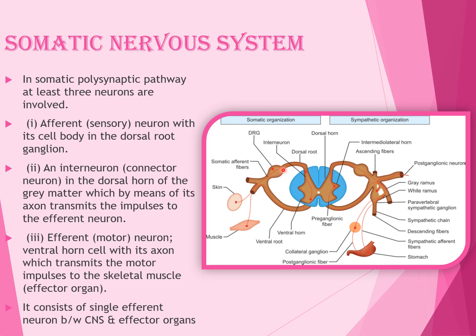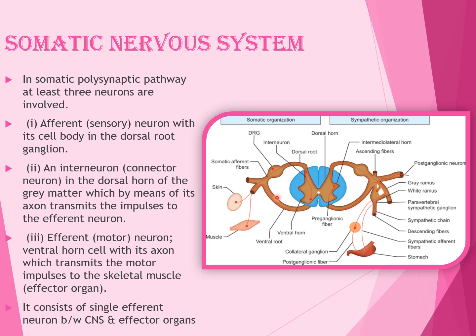And this one is a connector neuron or interneuron in the dorsal horn of the spinal cord. By means of its axon, it transmits the impulses to the efferent neuron.